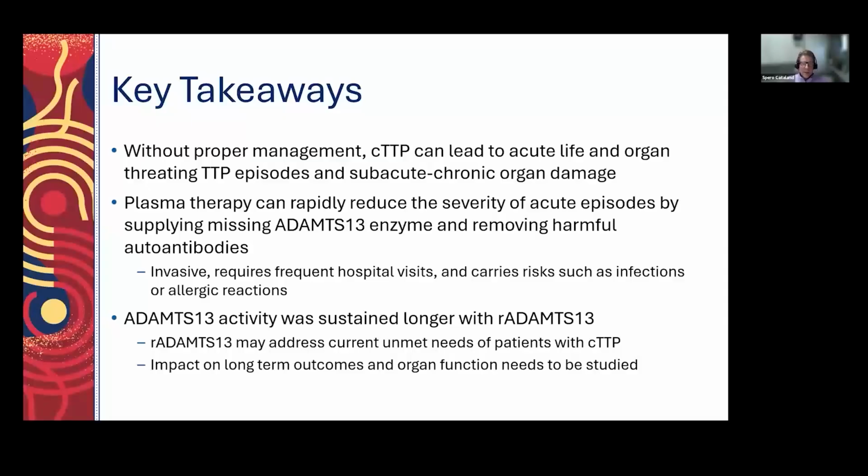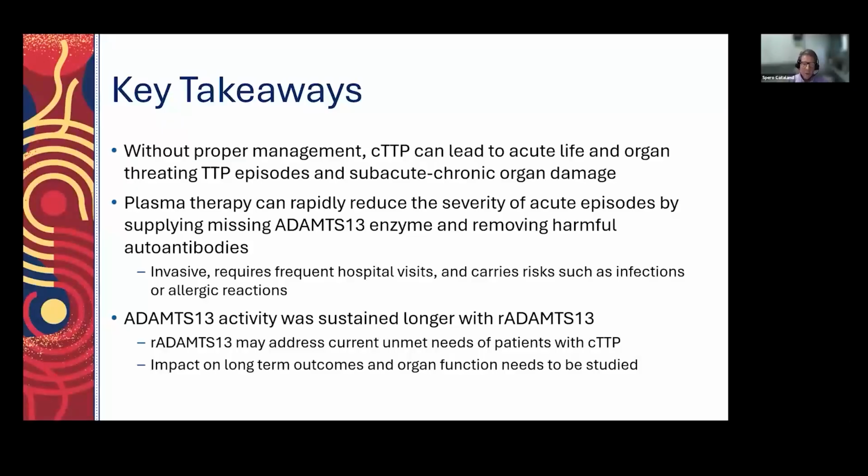So some key takeaways from our program today. Without proper management, congenital TTP can lead to acute life and organ threatening TTP episodes, as well as, more importantly, I believe, subacute chronic organ damage. Plasma therapy can rapidly reduce the severity of these acute episodes by supplying the missing ADAMTS13 protease and removing antibodies in the case of plasma exchange.